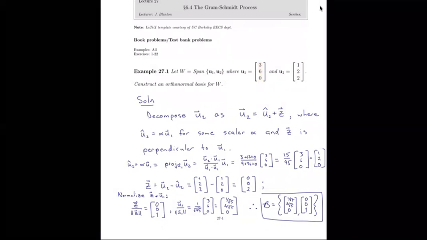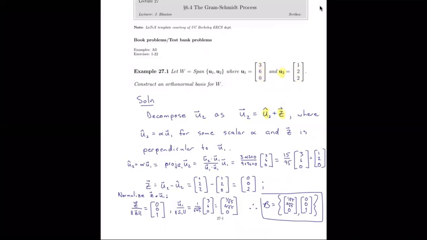Now, we'll extract the component of U2 that's orthogonal to U1, and since the other component, U2 hat, as explained before, is parallel to U1, we can just throw that component away. We don't include it as part of our basis because we want only the part of U2 that's perpendicular to U1.